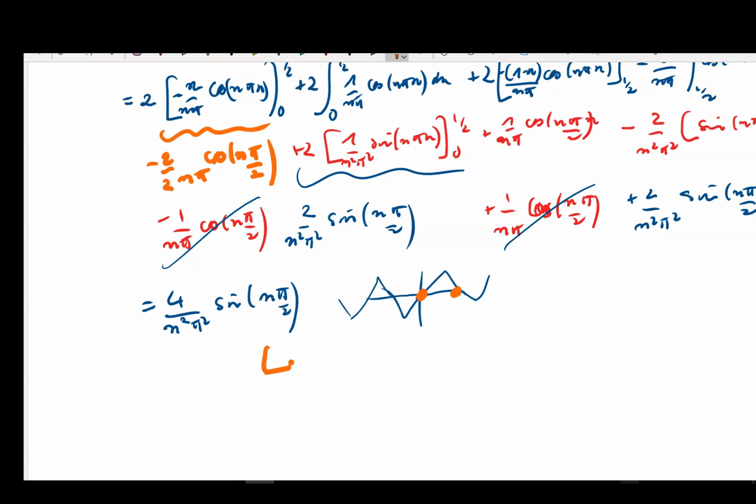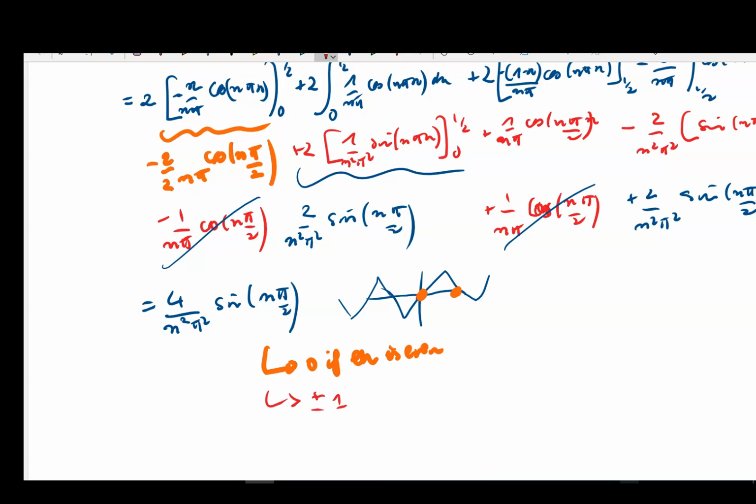Okay, just to be clear, that's going to be 0 if n is even, and that's just going to be plus or minus 1 if n is 1 plus 4 times something, or 3 plus 4 times something.